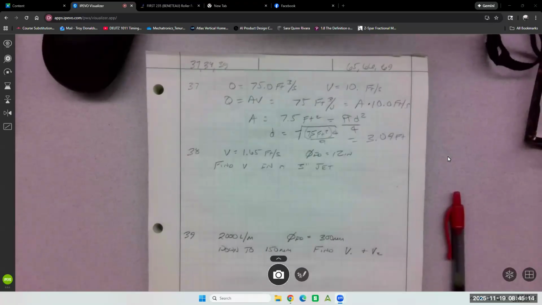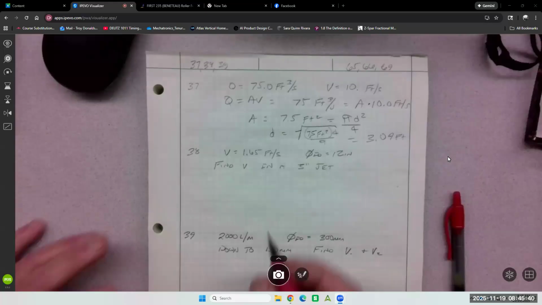Let's see here. What does 38 say? If the velocity of the liquid is 1.65 feet per second in a special pipe with an inside diameter of 12 inches, what's the velocity in a 3-inch diameter jet exiting from the nozzle?